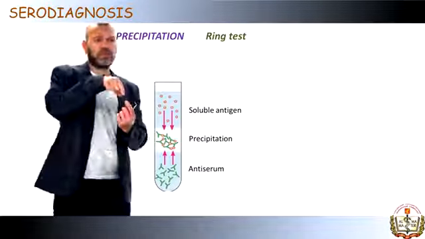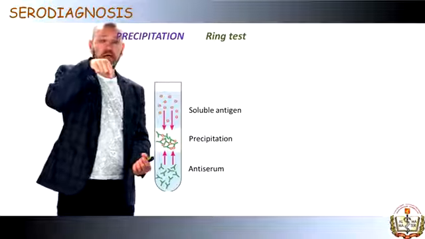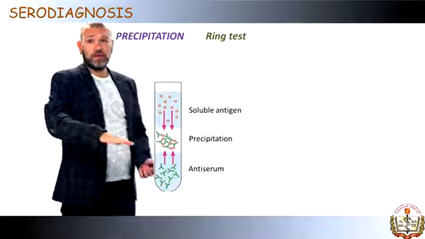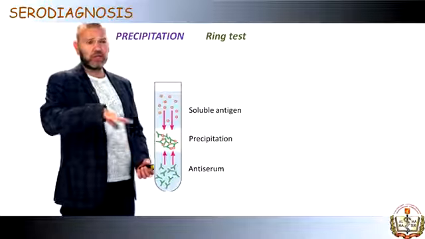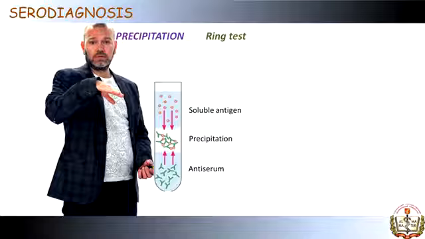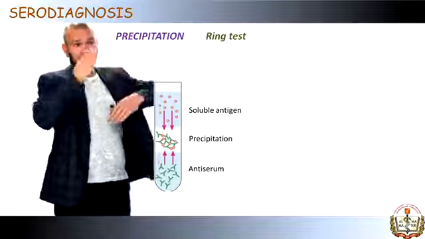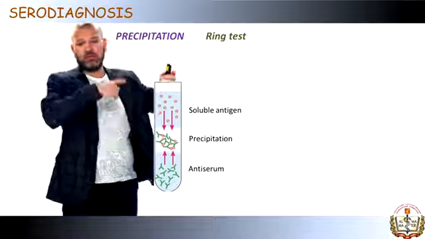To perform the test, you need a narrow glass tube, and you need to fill in the lowest part with serum containing required antibodies and soluble antigen. You need to overlay both solutions very slowly and carefully. They should not mix like in a cocktail.